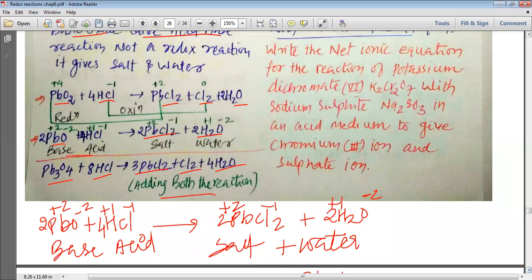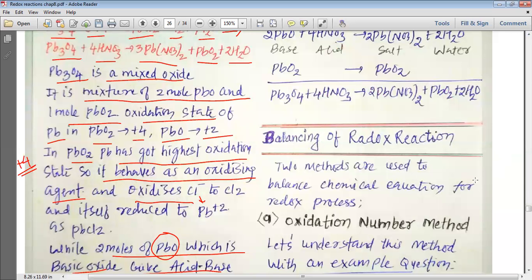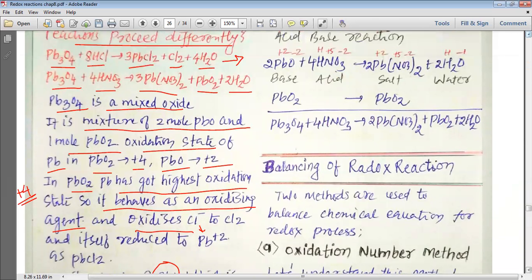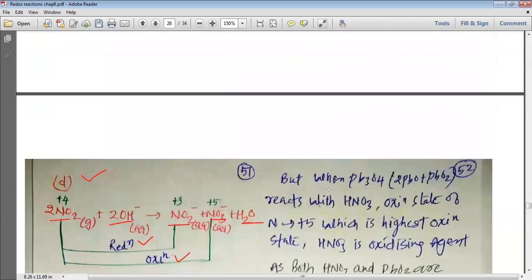But when it comes to the reaction with HNO3, my dear students, let us see what happens. When Pb3O4, that is 2 PbO plus PbO2, reacts with HNO3, the oxidation state of nitrogen is plus 5.